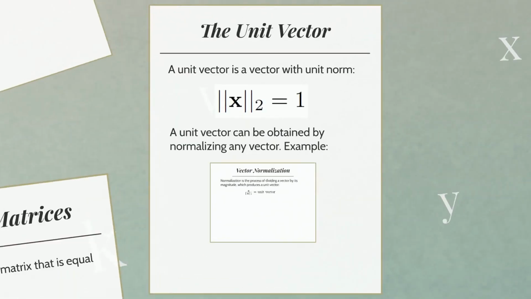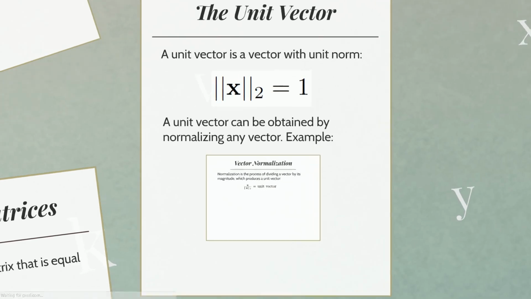All right, let's move on to the unit vector. A unit vector is a vector with the unit norm equal to 1. So we talked about norms in the last lecture. Here we're using the L2 norm or the Euclidean norm. And whenever this Euclidean norm is equal to 1, we have a unit vector. So these unit vectors can be obtained by normalizing any vector.